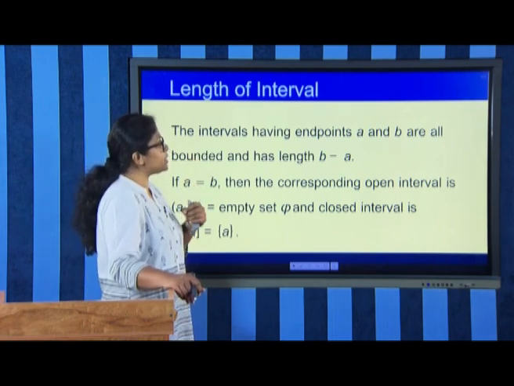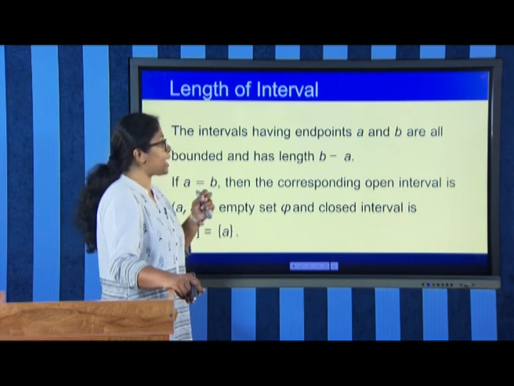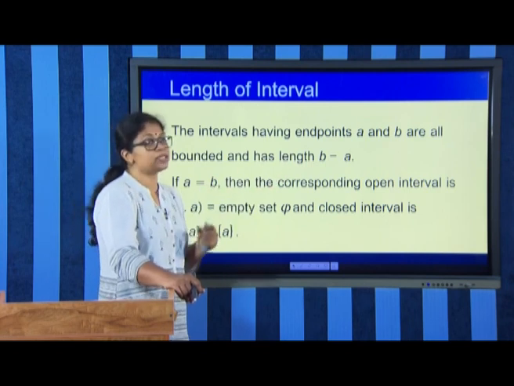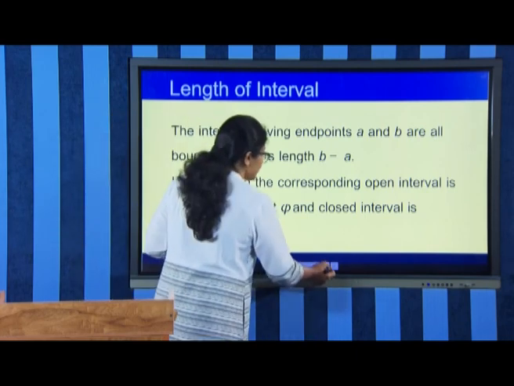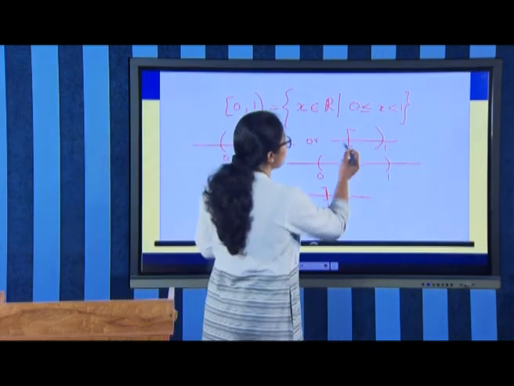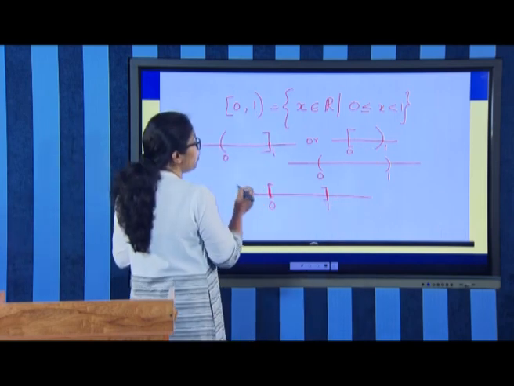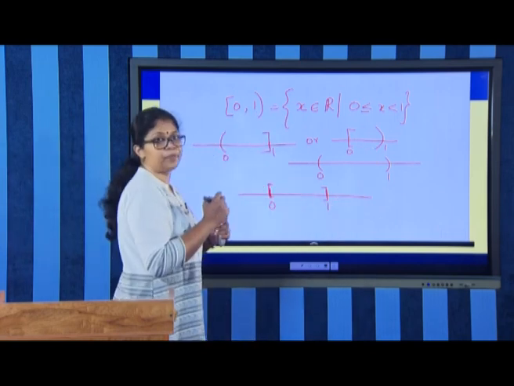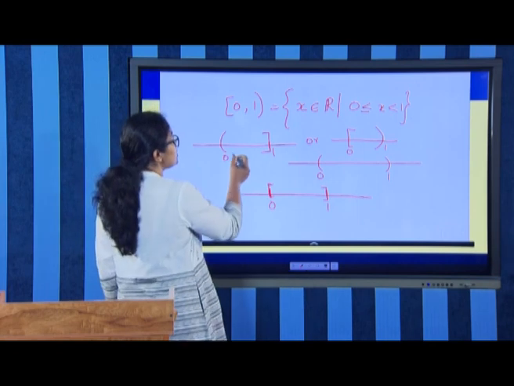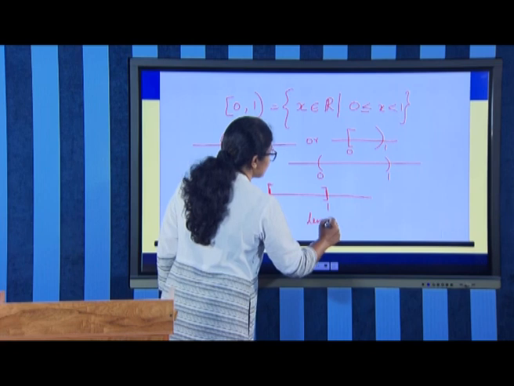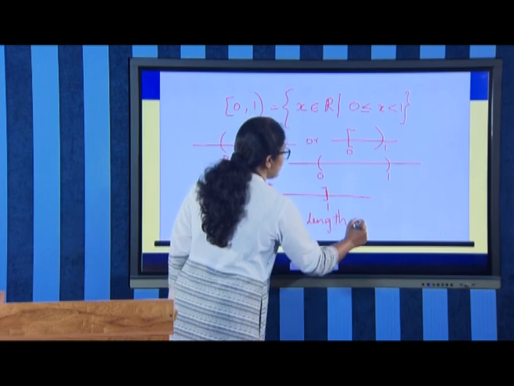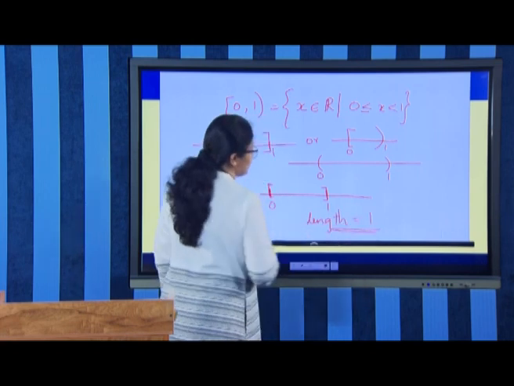And since all the intervals have endpoints a and b, the length of the interval is b minus a. For example, we can see the length of these intervals are all equal to 1. Why? Because they have the endpoints 0 and 1. So, the length of all the intervals that we have discussed so far is equal to 1 here.